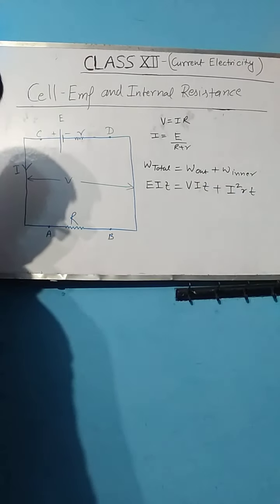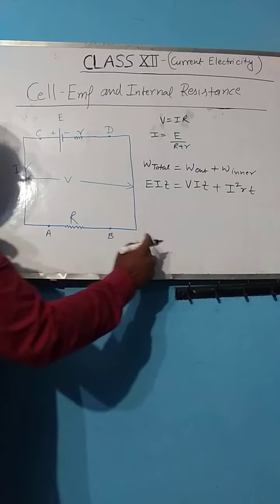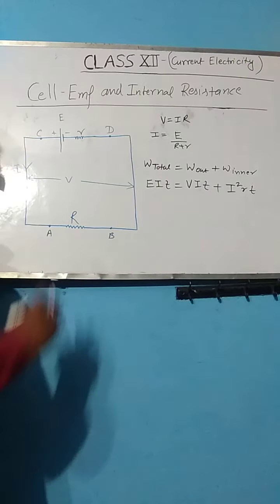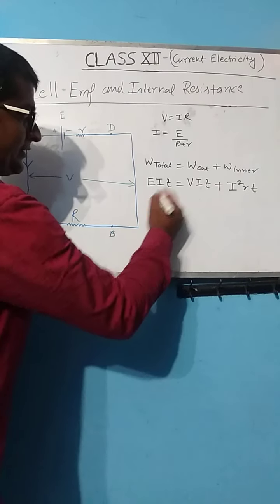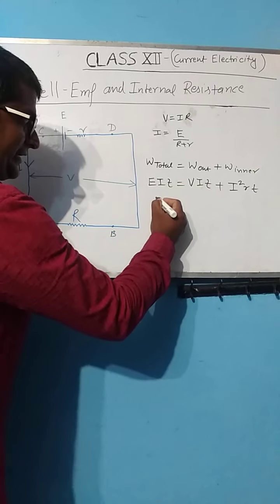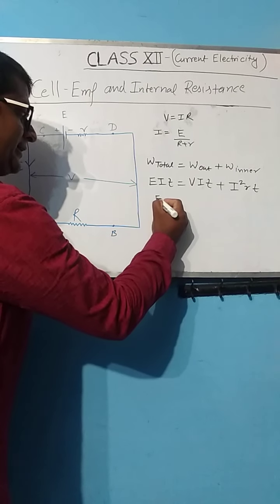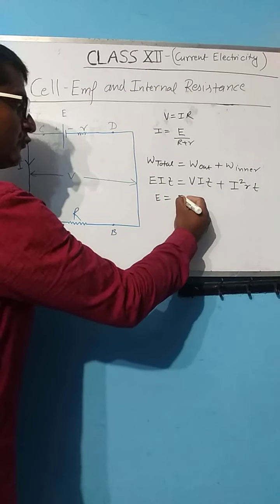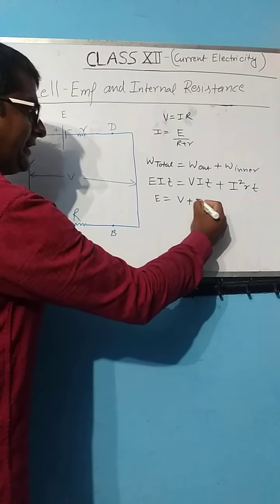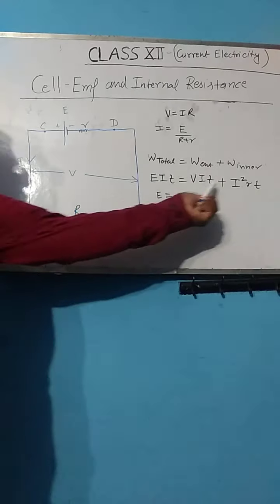We have to take the relation of E, V and r. I and T are common in all three terms, so we take IT outside. So it becomes E equal to V plus Ir. IT at every place will be cancelled out.